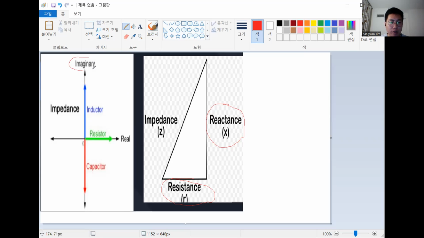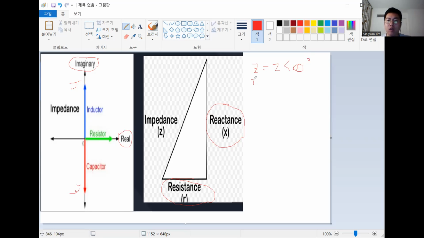So here, guys, J is the imaginary number and the other axis is the real number. You can see, right? If you remember, for a pure resistor, we say the J part is 0, right?